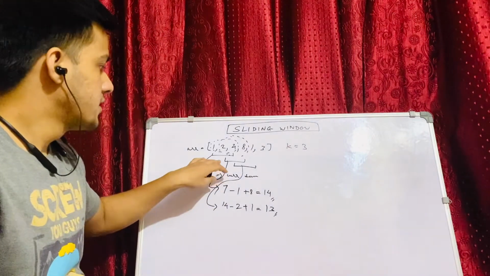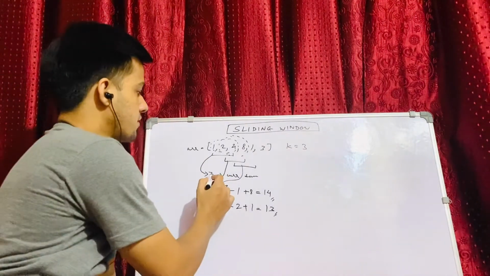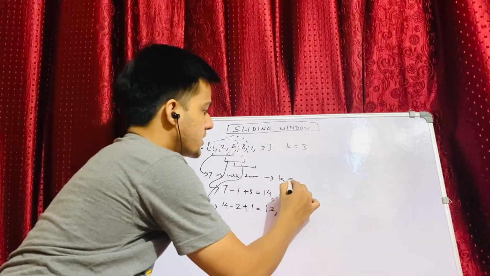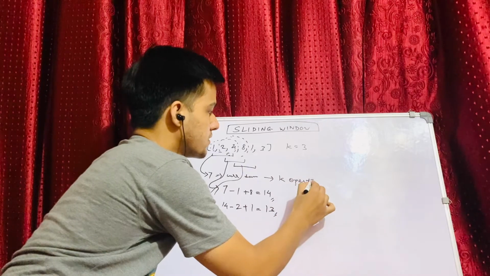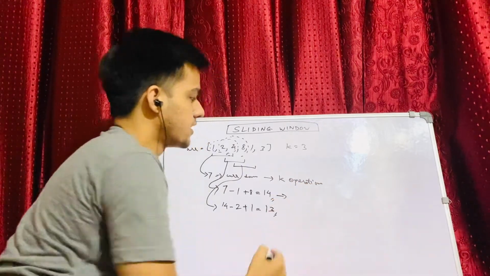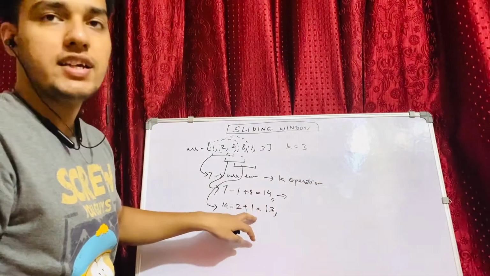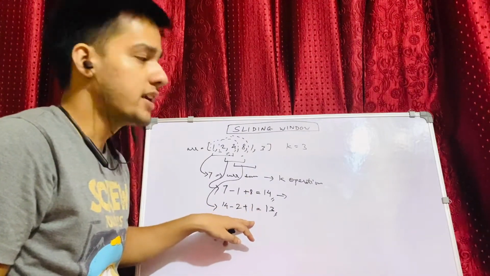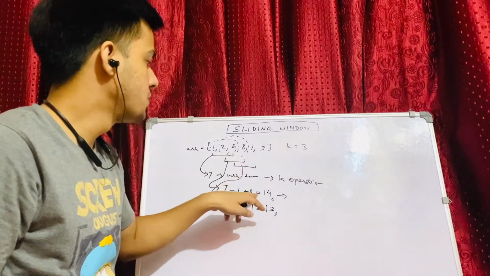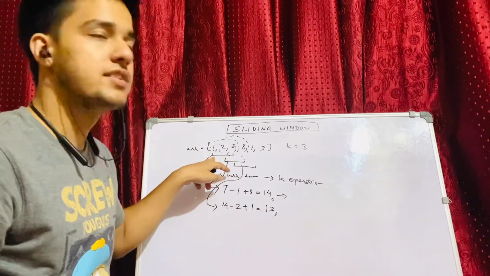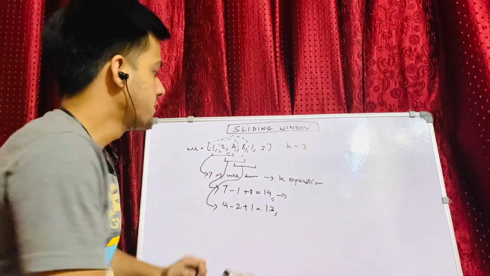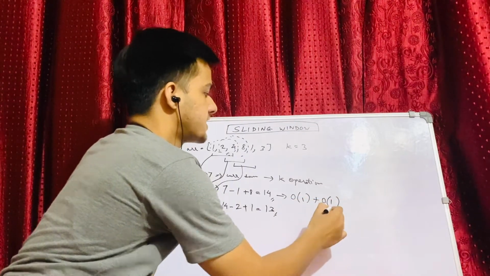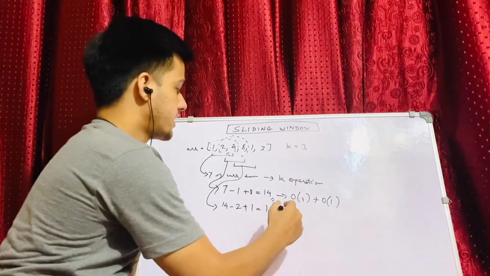So here, using sliding window, for the first case, we took k operations, right? And for each and every remaining sub-array, we are just doing 2 operations: removing one element, which is O of 1, and adding one element, which is also O of 1, right?